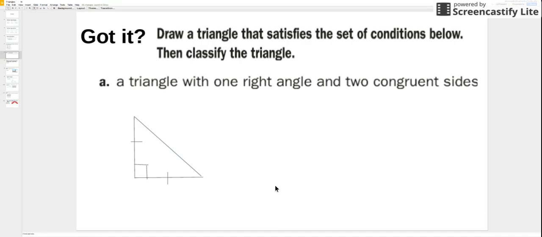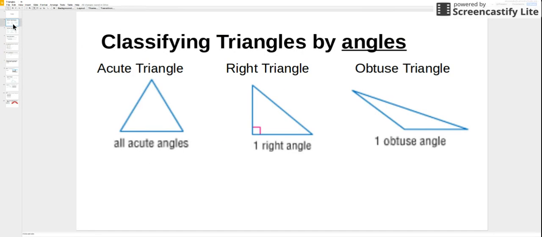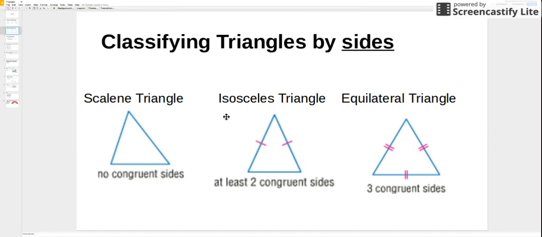Okay? And then when it says to classify the triangle, well, I have a right angle, and I have two congruent segments. So if I have two congruent segments, that would make this an isosceles triangle.